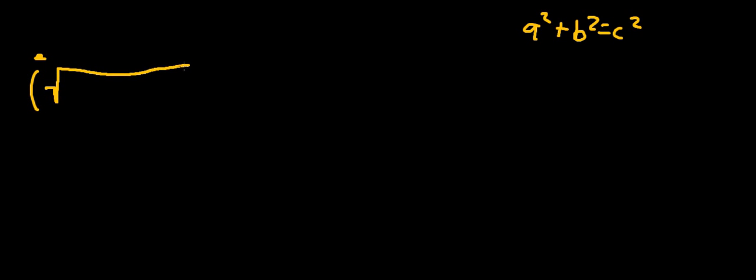So we're going to get, so Pythagorean theorem again, A squared plus B squared is equal to C squared. So our first side was, actually, let me write that up again. A squared plus B squared is equal to C squared.